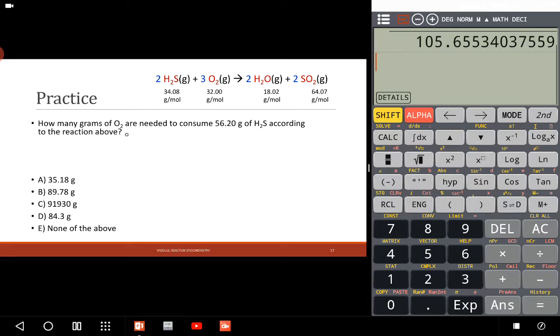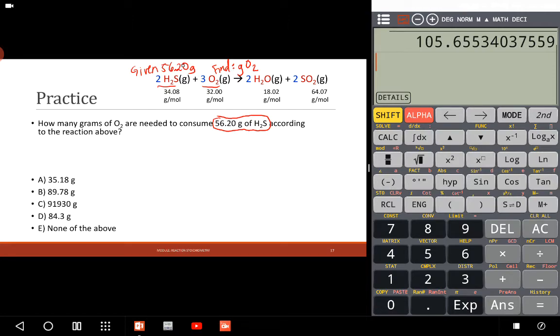Alright, so let's go over this. We are given 56.20 grams of H2S, and then we're asked to find grams of O2. So I'm going to need to get into moles to the other substance, and then out of moles.